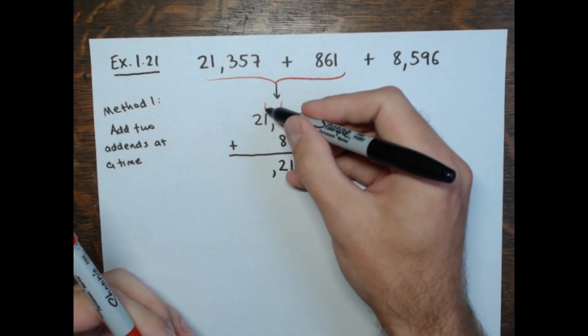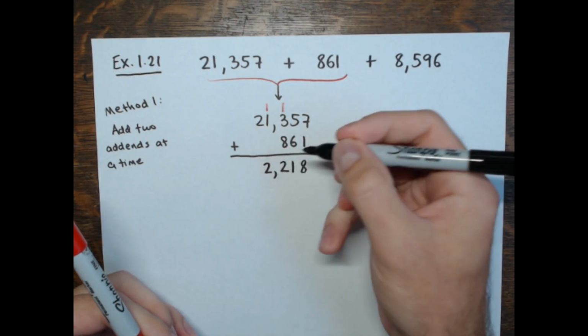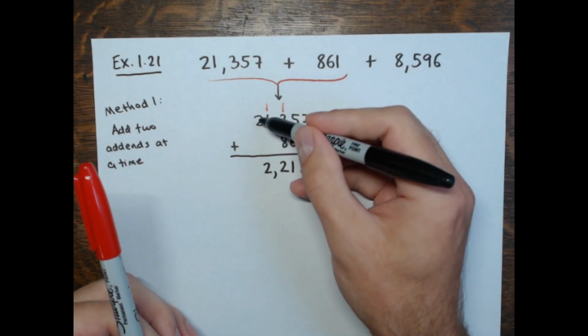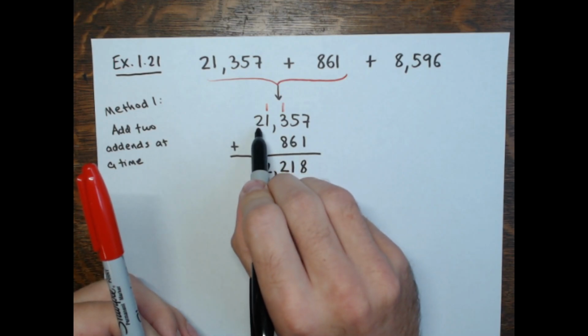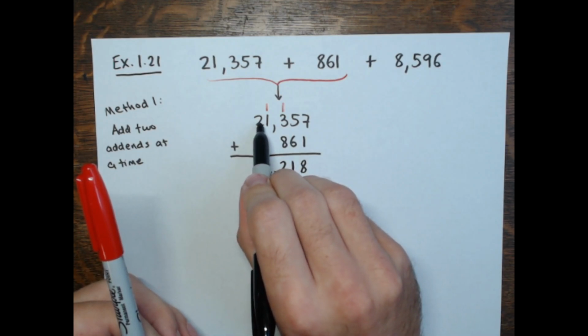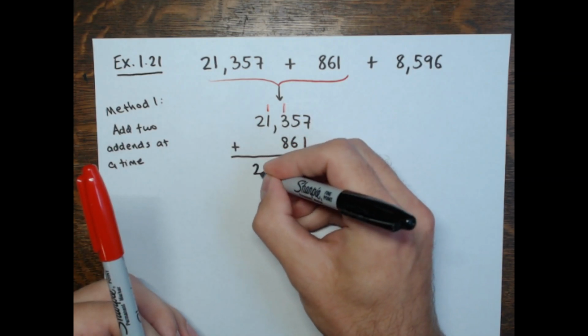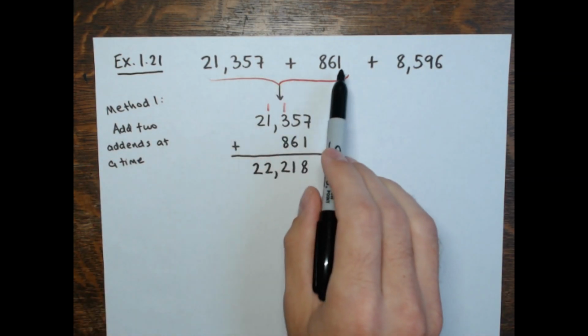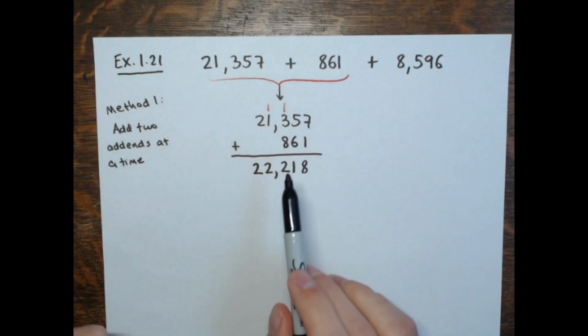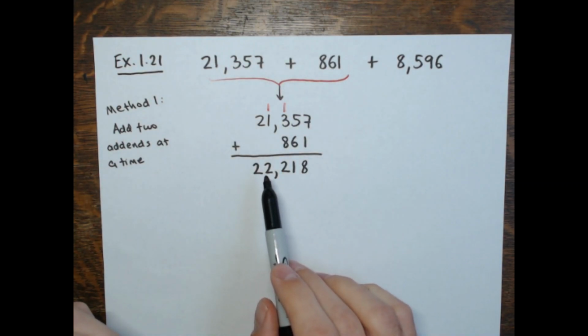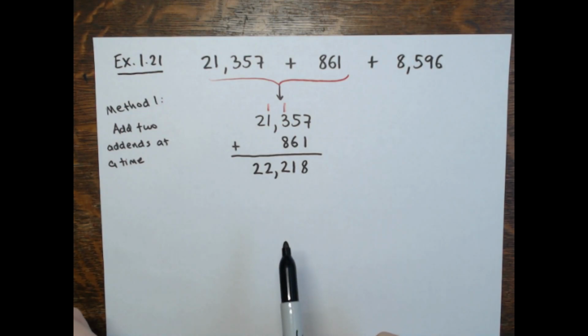And then in the thousands place, 1 plus 1 is 2. No carrying. And then now we have the 10,000s place. There's just 2 plus nothing. All right. So these first 2 addends add up to 22,218.